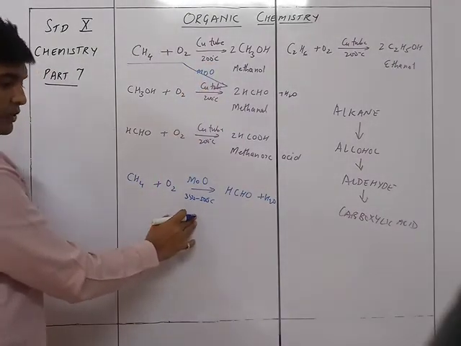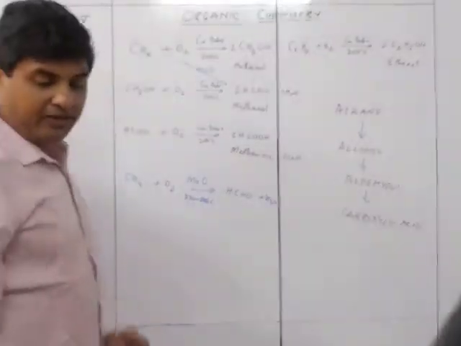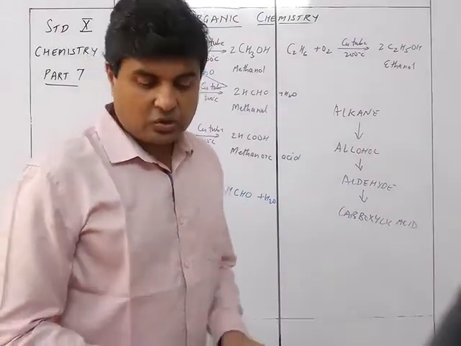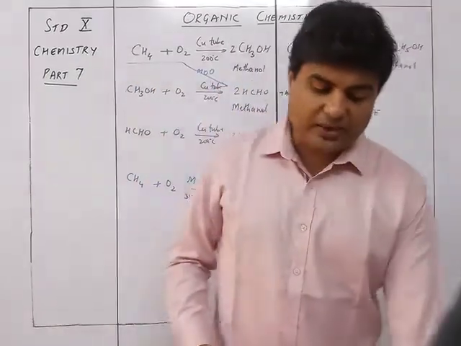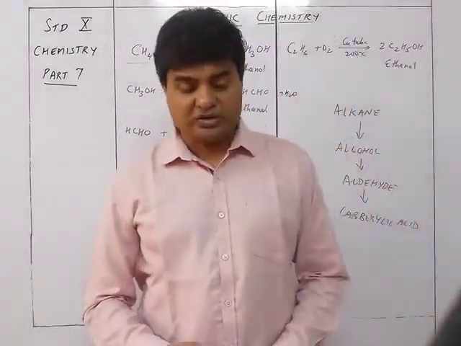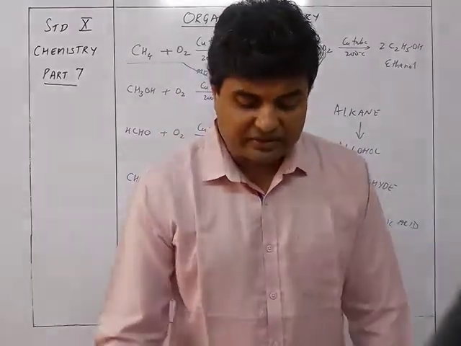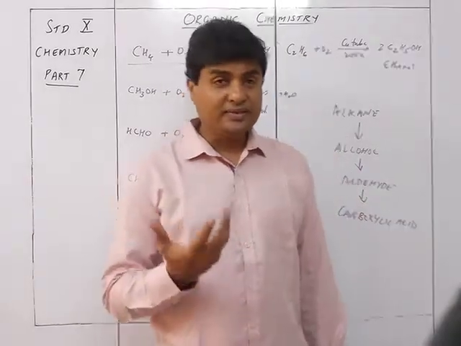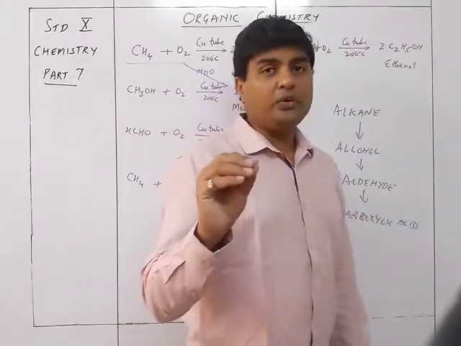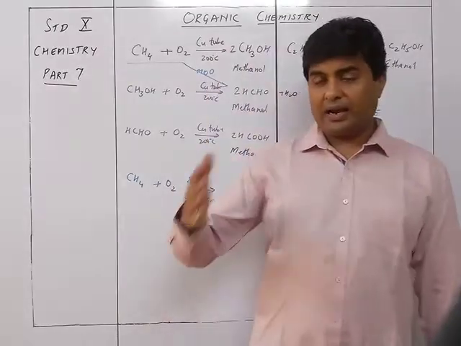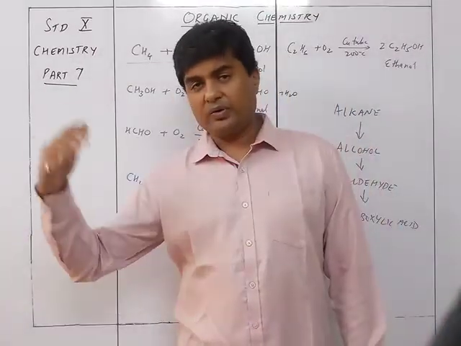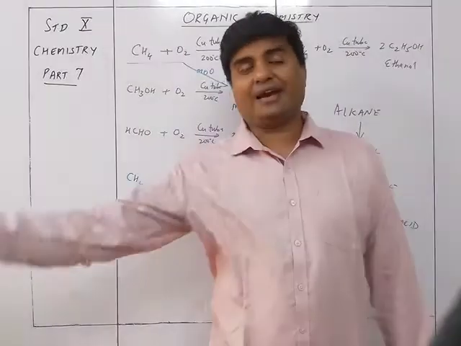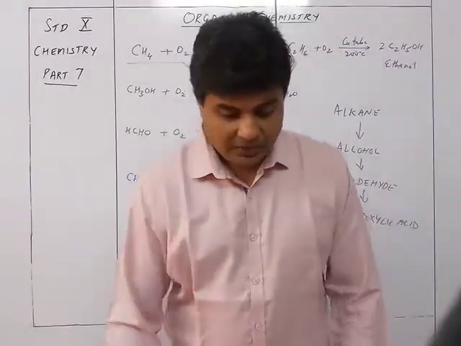In the same way, ethane will give you ethanol with the same kind of reactions. So CH4 or C2H6 with air in the presence of molybdenum oxide at 350 to 500 degrees Celsius is going to give you an aldehyde directly. If you are using copper tubes, you have alkane to alcohol, alcohol to aldehyde, aldehyde to carboxylic acid. But if you are using molybdenum oxide, the alkane directly jumps to aldehydes.